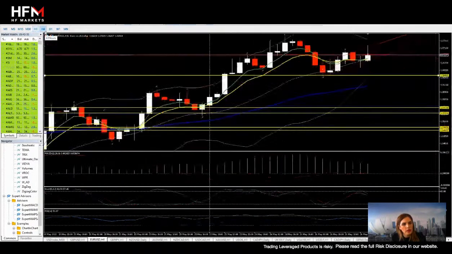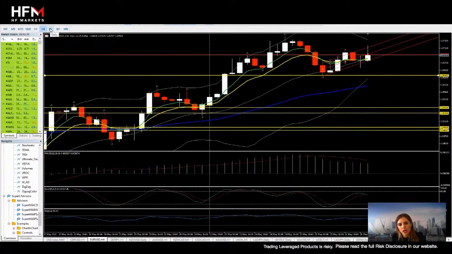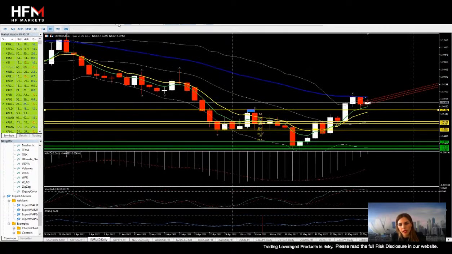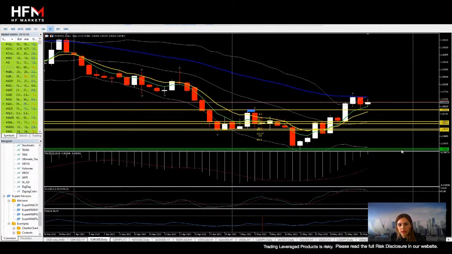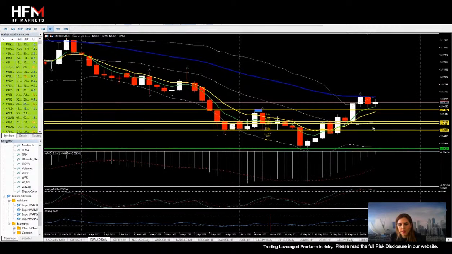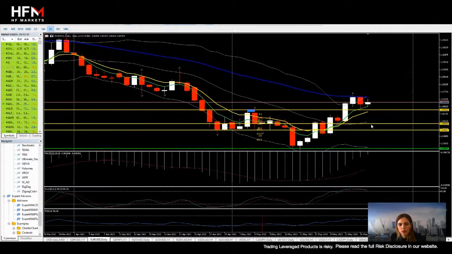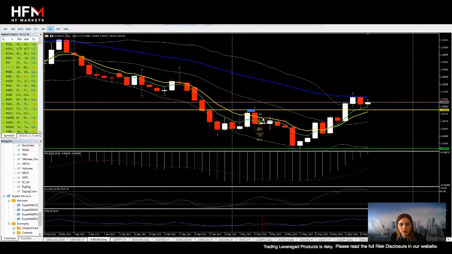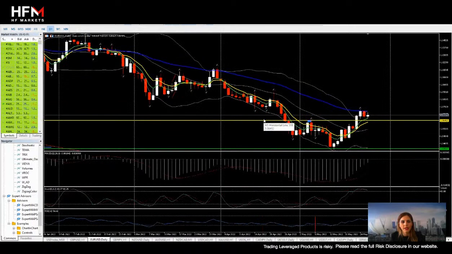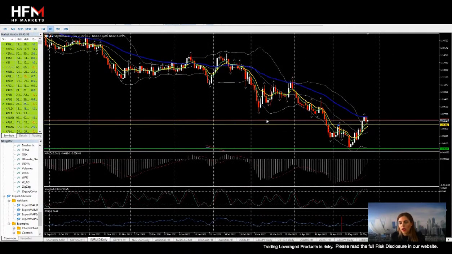Let's get to the 4-hour or even daily chart. Okay, so what we have over here, let me get rid of some of these lines because I want to see where we're standing. This is the daily chart.